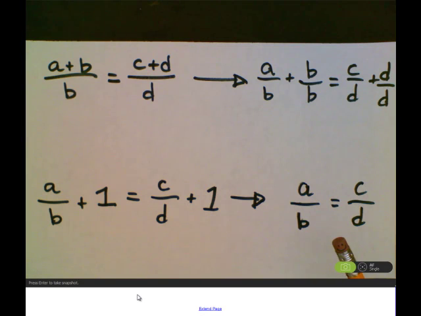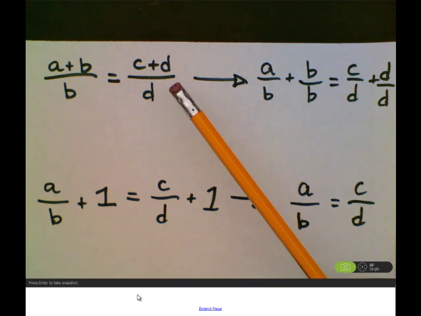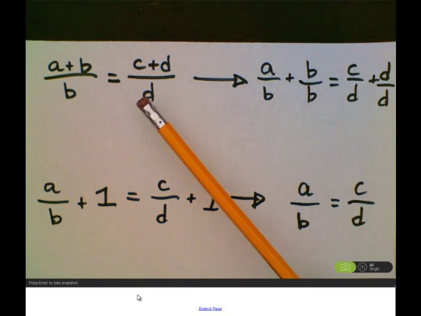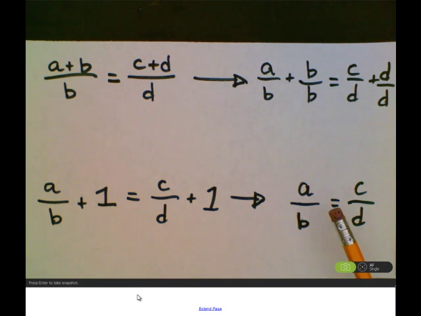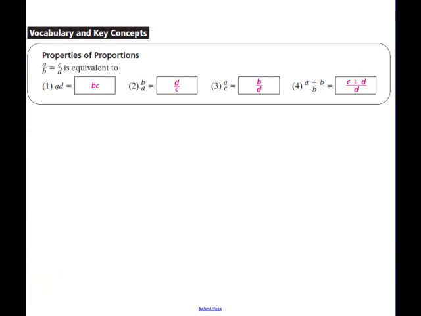So we know if we can manipulate this to eventually get this, then our original statement must have been true, as long as we can show that this is also equal to this. So, all right, hopefully that made a little more sense of this last one here.